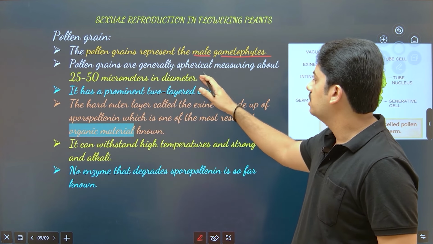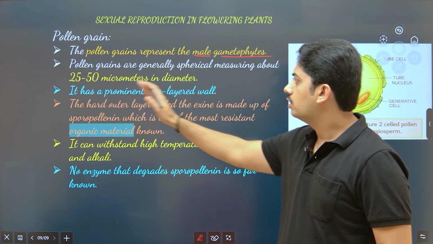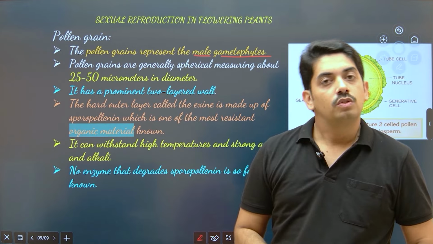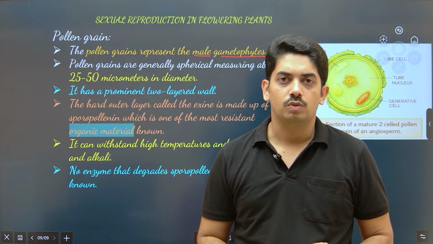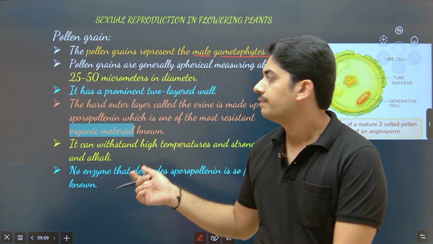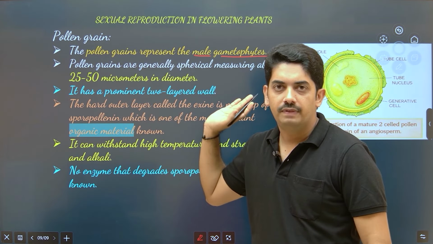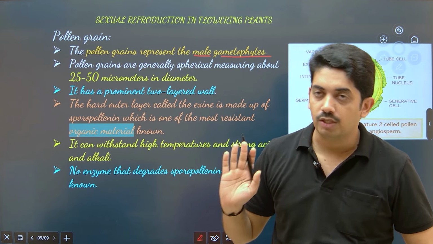Pollen grains are generally spherical, measuring about 25 to 50 micrometers in diameter. So sometimes they will ask the size of the pollen grain also. They have given ranges here, 25 to 50 micrometers. It is in micrometers.